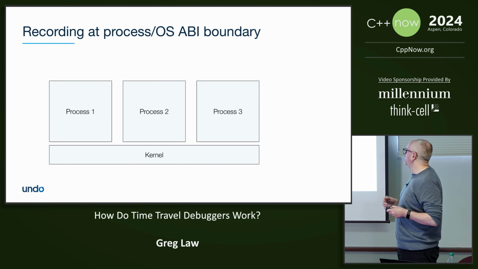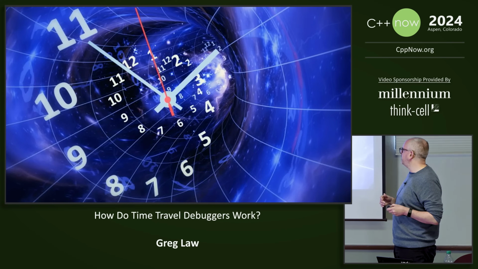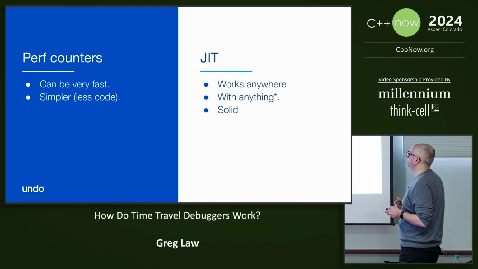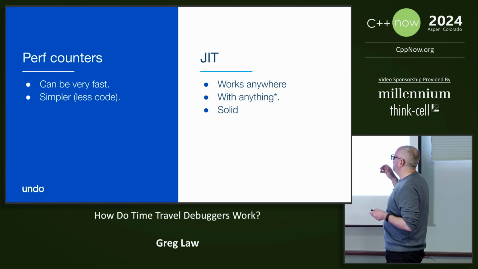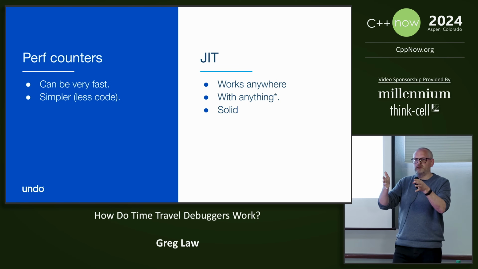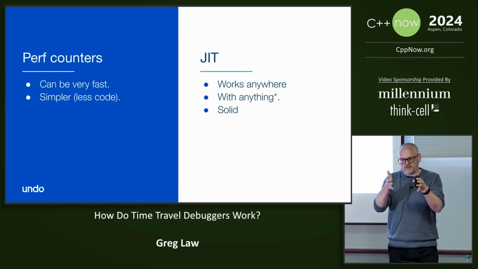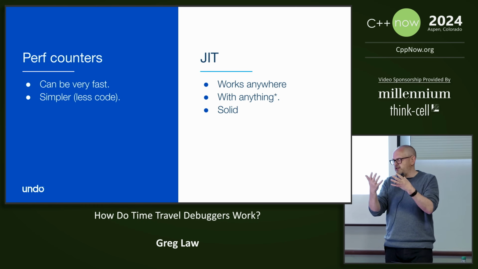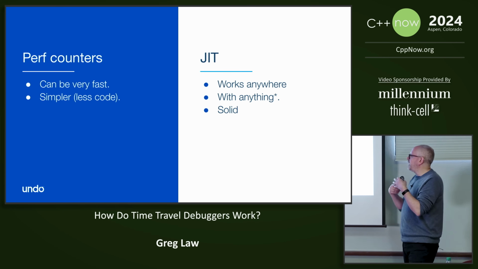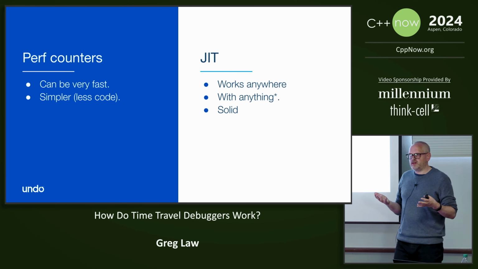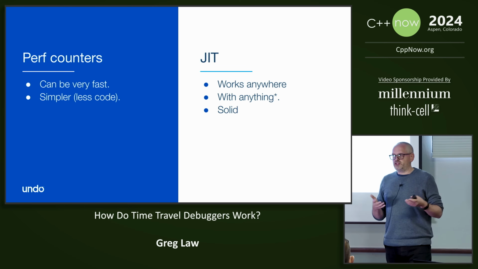The other thing you can't do with perf counters is handle these. We talked about, James mentioned the non-deterministic instructions, right? You can configure the CPU to trap when there's an RDTSC, and RR does that, and that kind of works, although it's a bit slow. There are other instructions where you can't trap. There are instructions to generate random numbers.